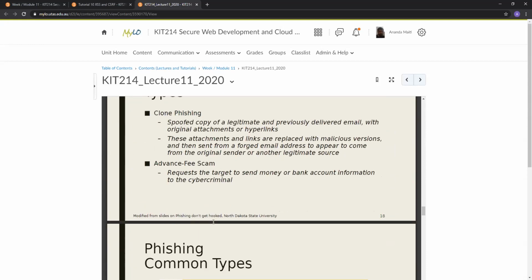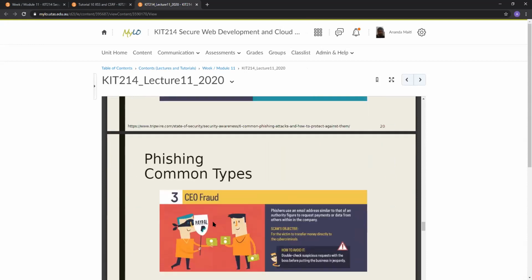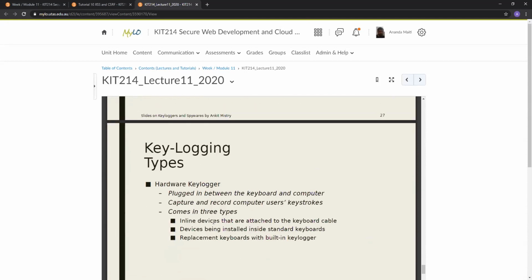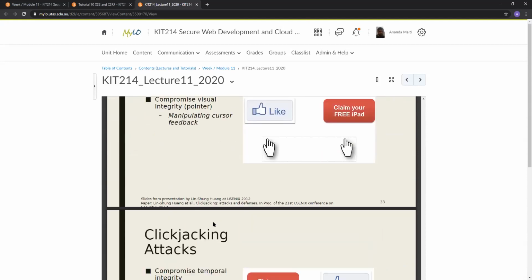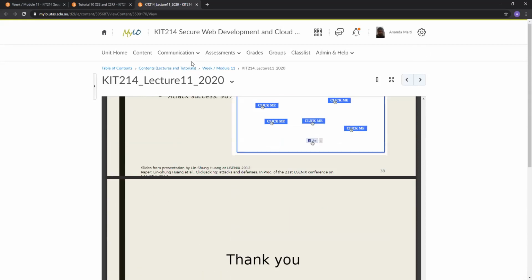What kind of phishing can happen, and what are the exact weaknesses that phishing can exploit? And then there's the keylogging, link checking, and all those things. This one is obviously very important because it's also one of the key parts of this unit anyway. So definitely go through these slides here.